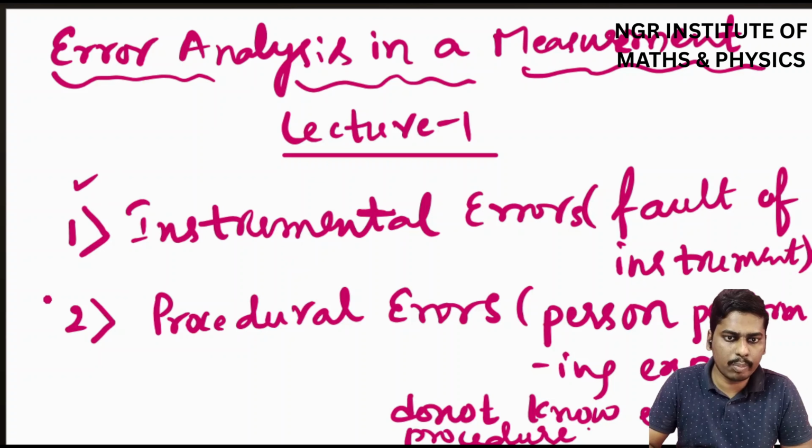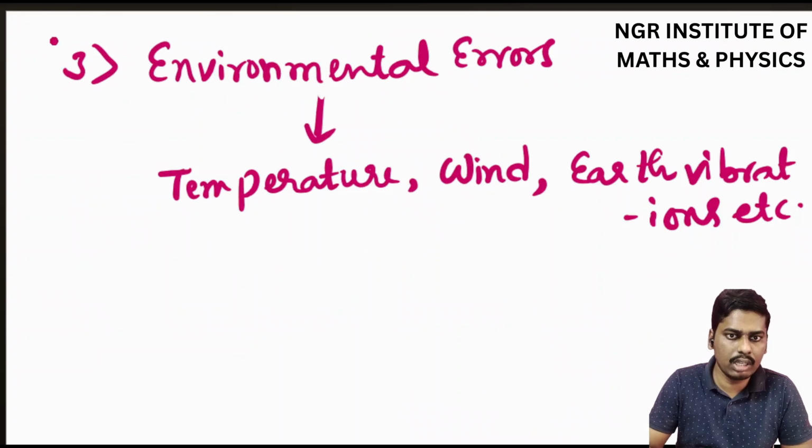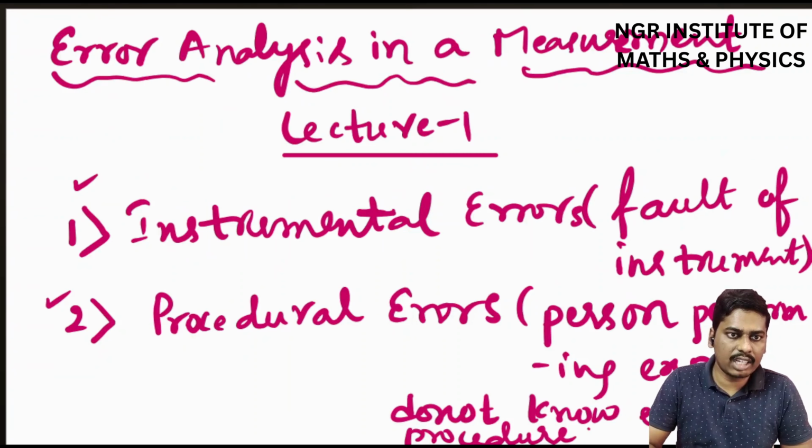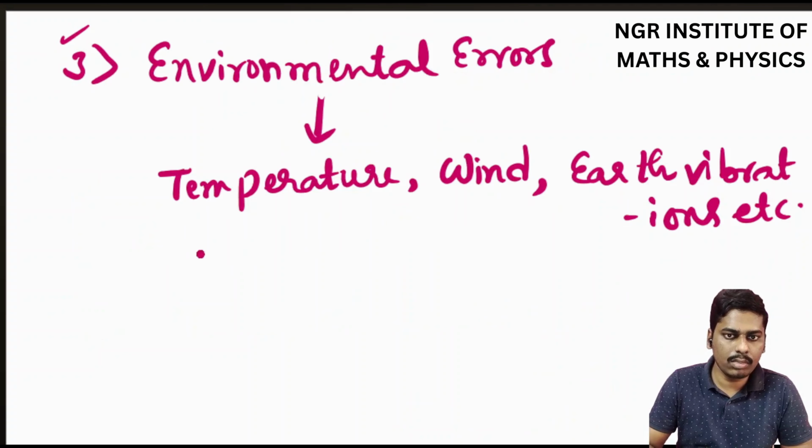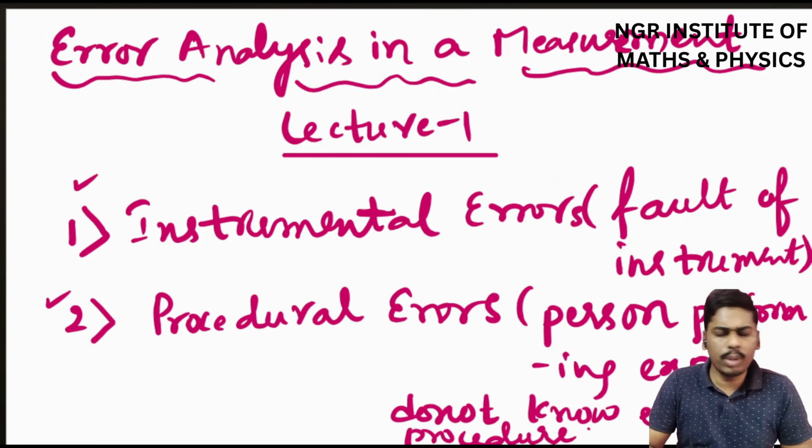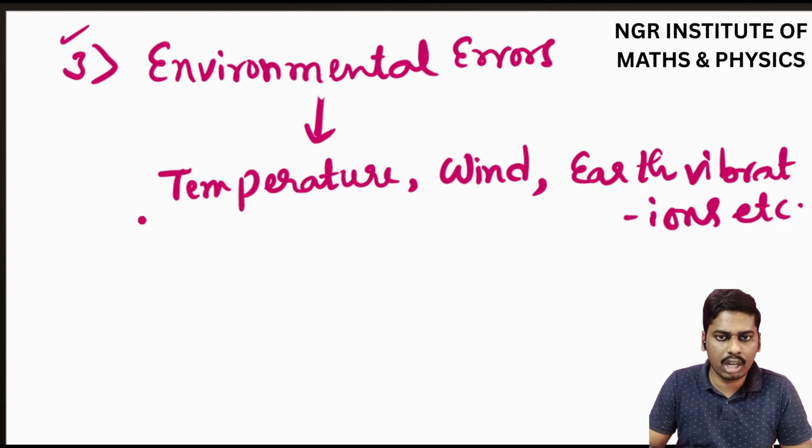These are the most important three factors because of which the errors occur. And why do we perform an experiment? In dimensional analysis, we already saw how we can calculate the formula, but after calculating the formula, we need to find out the constant value, the proportionality constant value, right?